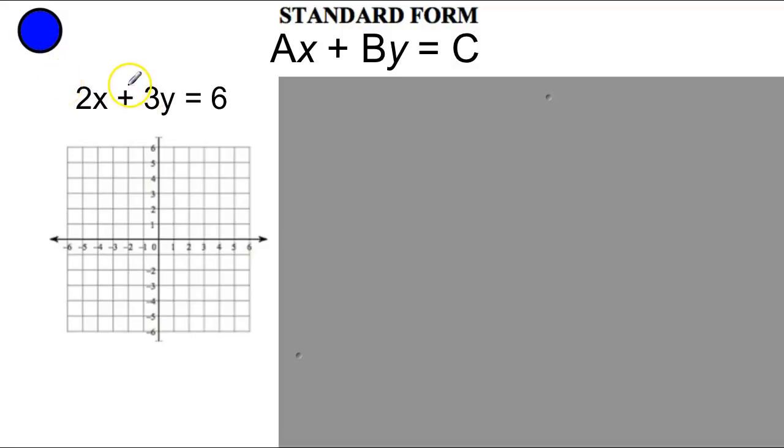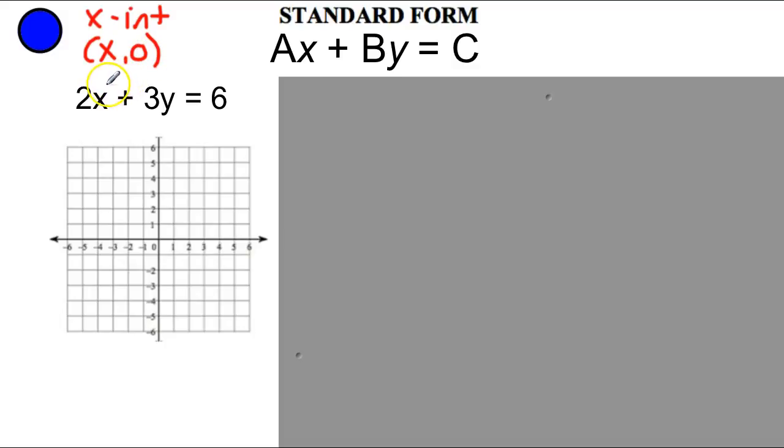If I'm trying to find the x-intercept, this is the x-axis, when the line crosses this, y equals 0. So the x-intercept is when y equals 0.